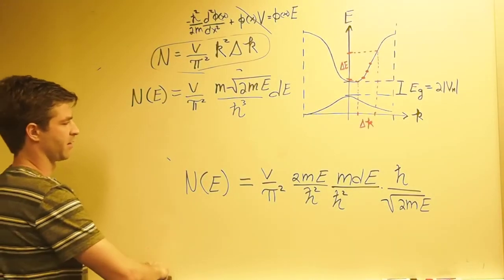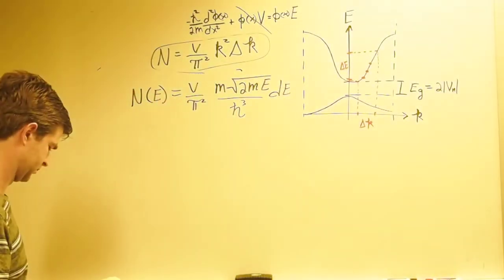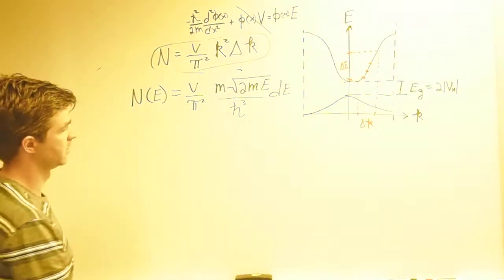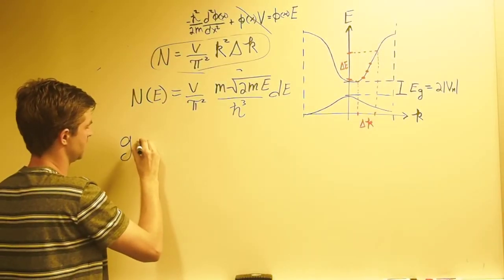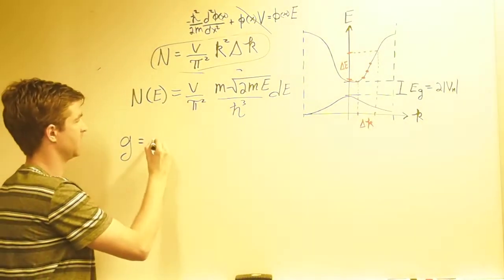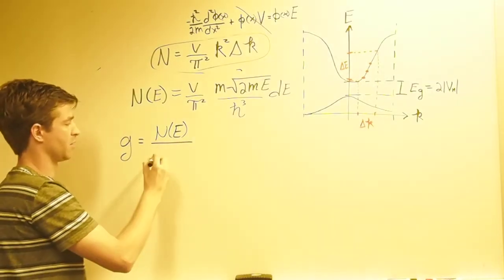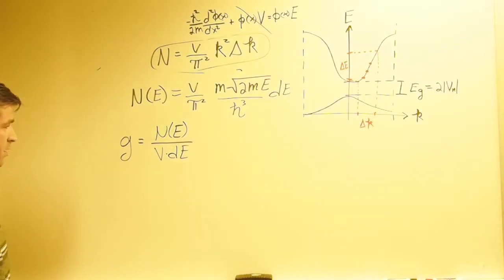But I want to find the number of states between E and E plus dE, right? So between E and E plus dE, we want g of E, the density of states in terms of dE. So that's going to be N of E over volume times this dE, right? Per volume per energy.